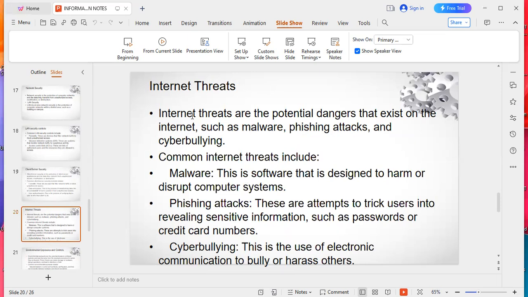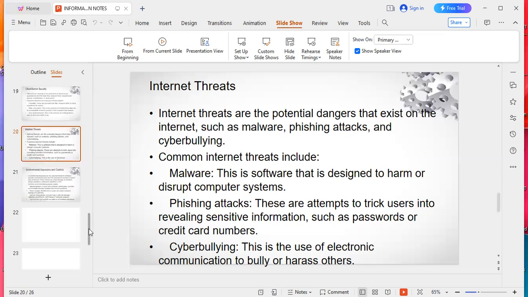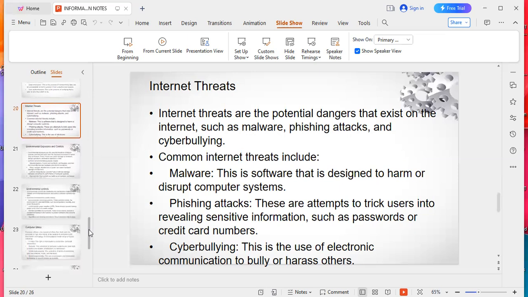Malware, as I explained, is software designed to harm or disrupt computer systems, while phishing means an attempt to trick users into revealing sensitive information, such as passwords or credit card numbers. We also have cyberbullying, which could include something like body shaming, etc.